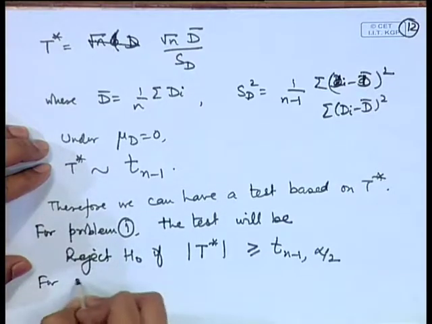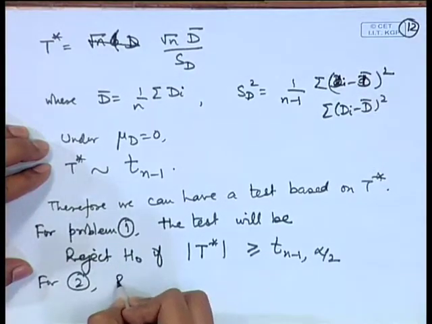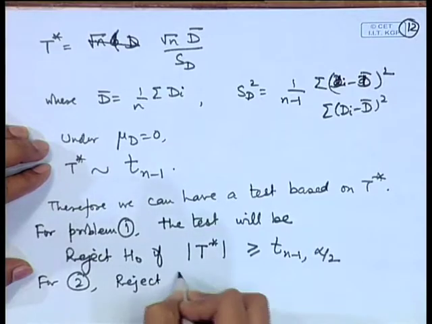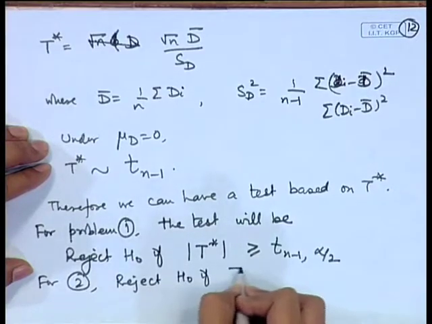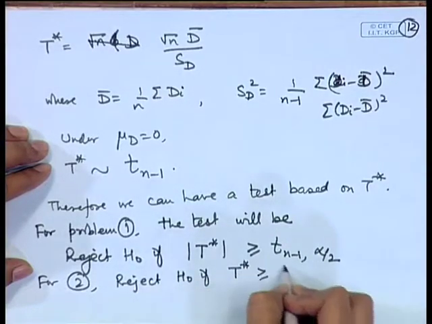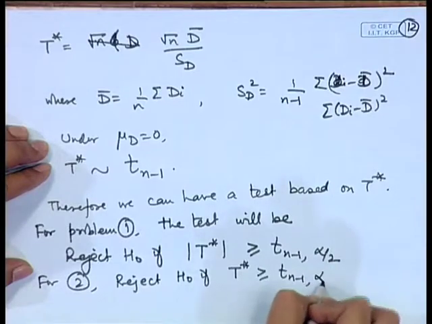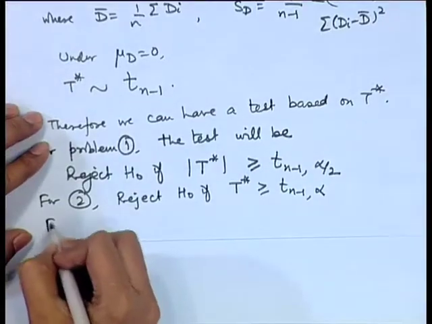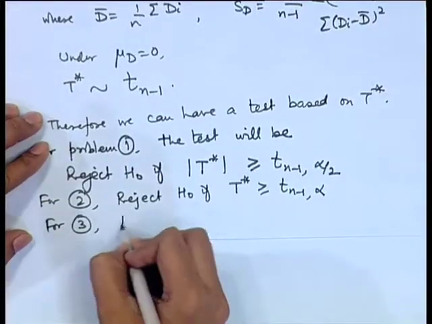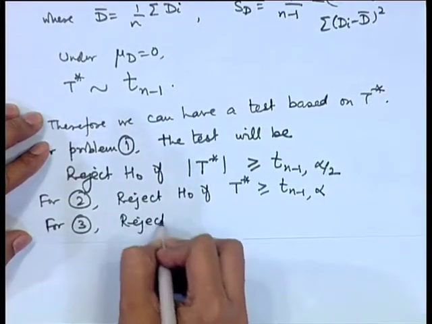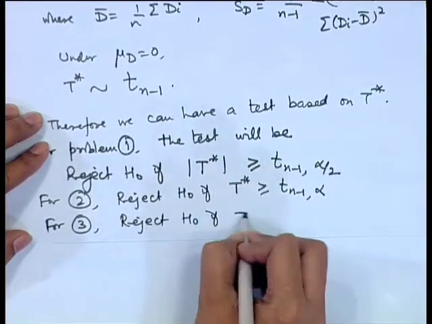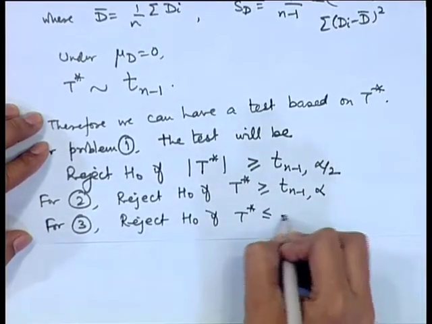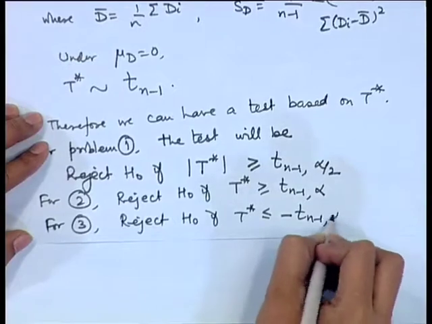For problem 2, it will be reject H naught if T star is greater than or equal to t n minus 1, alpha. For the testing problem 3, the test will be reject H naught if T star is less than or equal to minus t n minus 1, alpha.